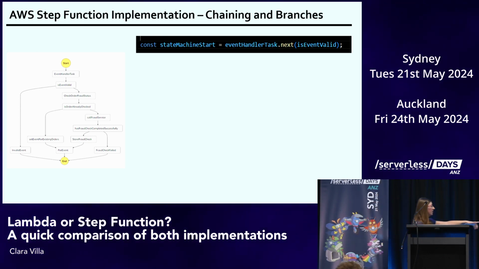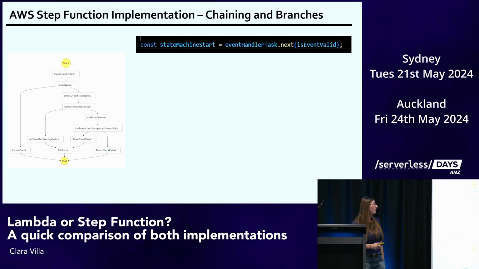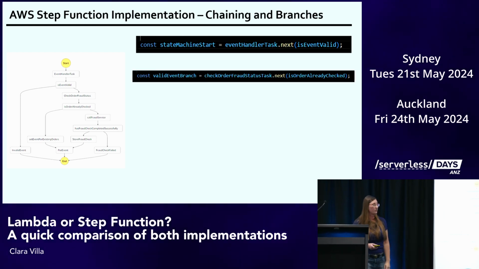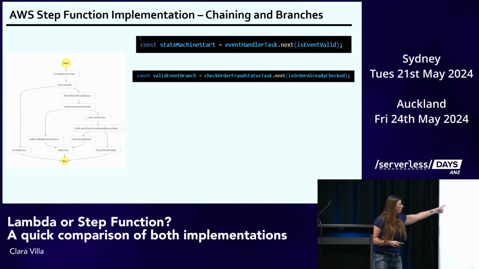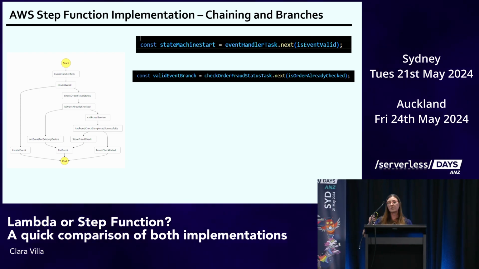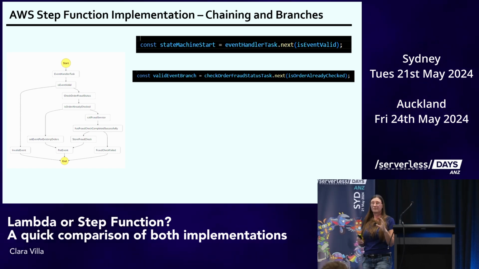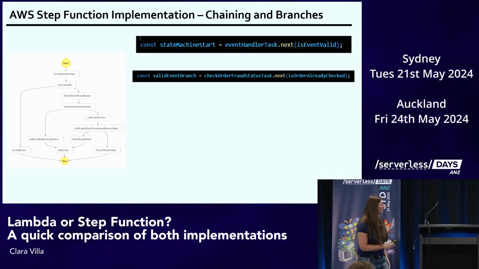But then if I look at this side of the state machine, this choice, I have two tasks that concatenate together. So I create my valid event branch. They actually call the first one and then the second one, which is, again, a choice, so I can't go on. But that's the idea. You can try and combine all the subsequent tasks in branches and then feature them. Kind of keeps the code clear, but it's a lost battle, if you ask me.